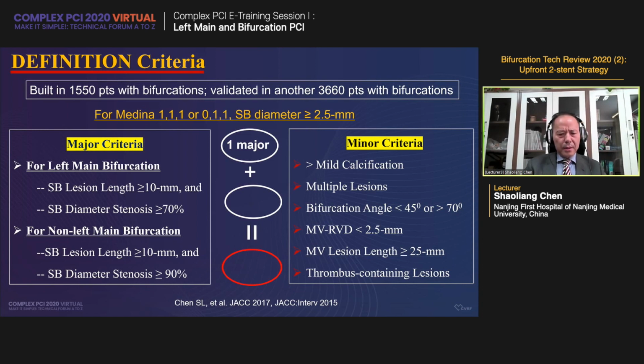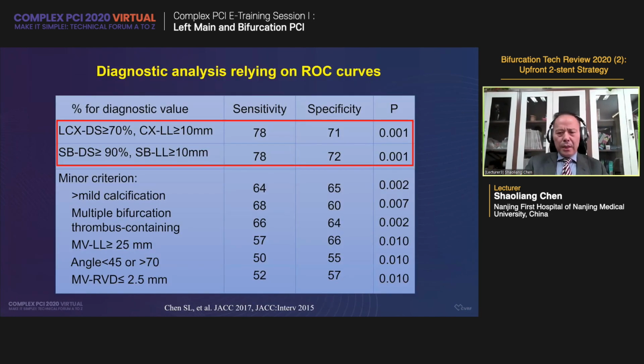But side branch diameter stenosis is minimum 70% for distal left main bifurcation lesions and 90% for non-left main bifurcation lesions. We also provide 6 minor criteria after rigorous analysis. So if a lesion has 1 major criterion plus any 2 minors, it can be defined as a complex bifurcation lesion.